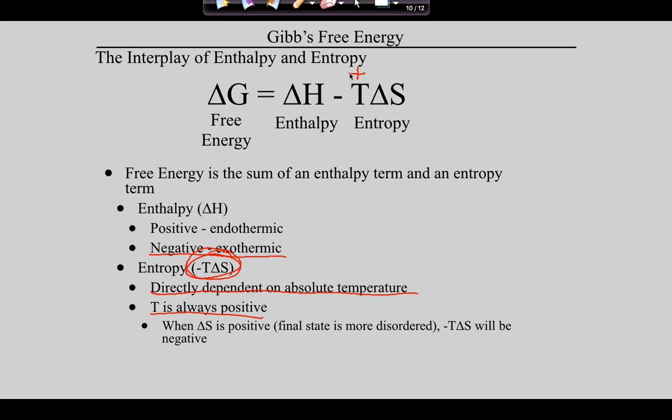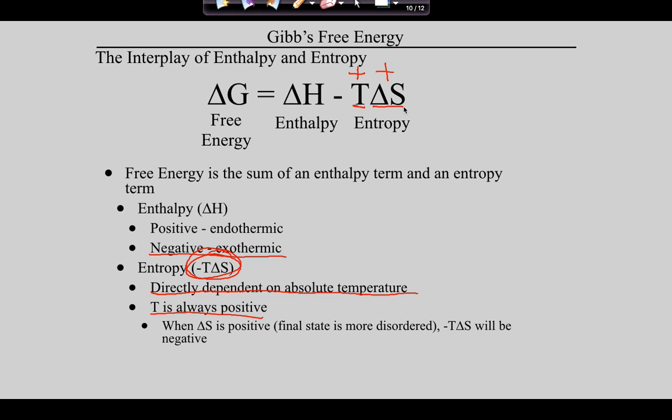Now, what if delta S is positive? Does that lead towards spontaneity? Does positive delta S, will that be spontaneous? Probably. But guys, look at how this all comes together. So the idea, temperature is always positive. It's Kelvin. If delta S is positive, when you multiply these together, what will you always get?